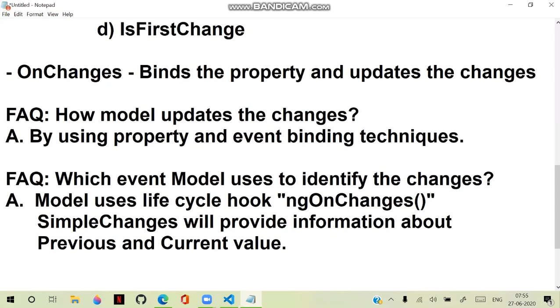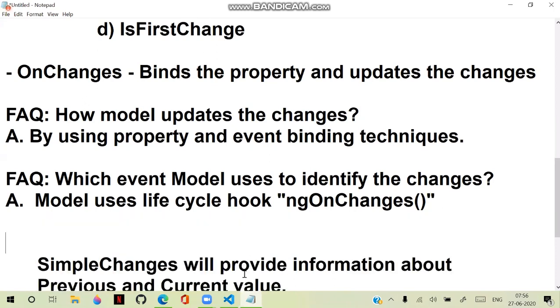So which event model uses to identify the changes? Actually, the model uses the life cycle hook event called ngOnChanges. On ngOnChanges, it will identify those changes. So which object contains information about the changes? Then you can say SimpleChanges.